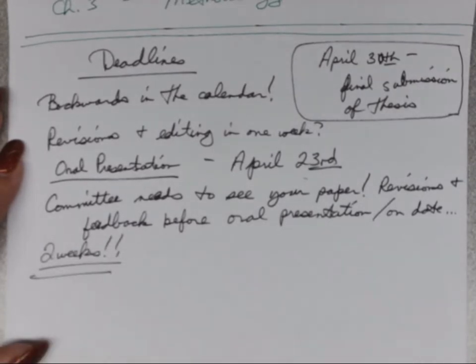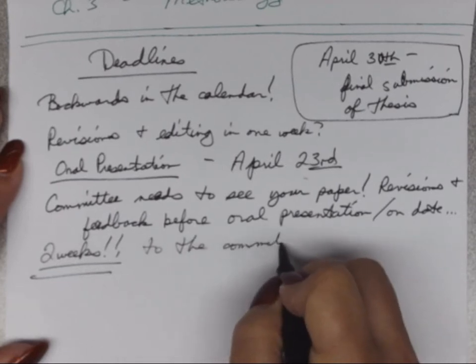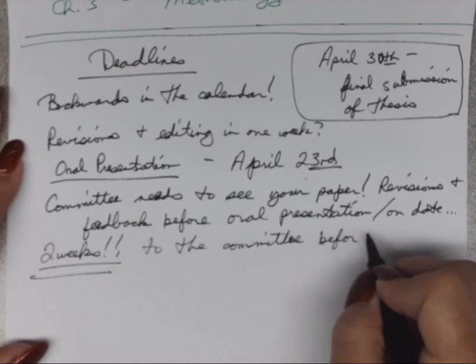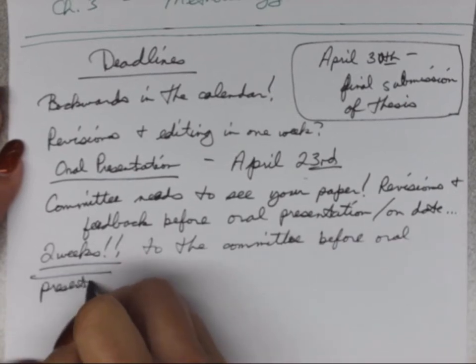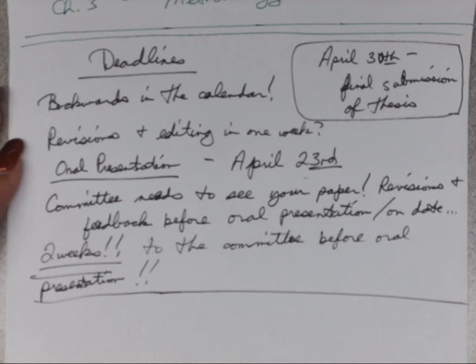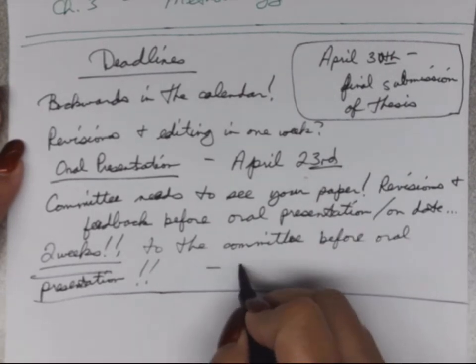Okay? To the committee before your oral defense. Before you go to make that oral presentation, if I'm on your committee, for sure I need this paper 2 weeks before. Well, looking at that, I think that's April 9th.